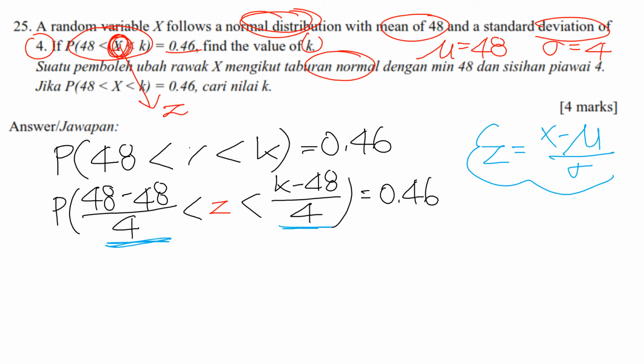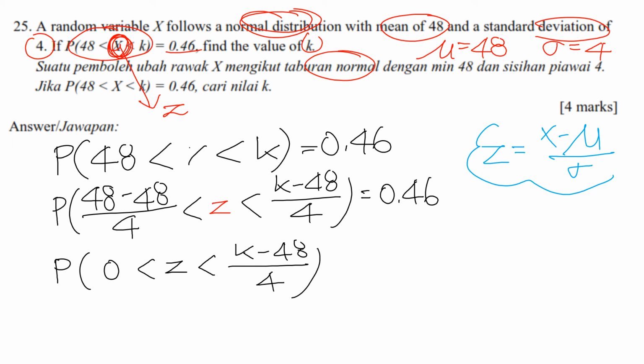Okay, kita teruskan. So apa yang kita ada sekarang, P(0 < Z < (k − 48)/4) memberi 0.46.